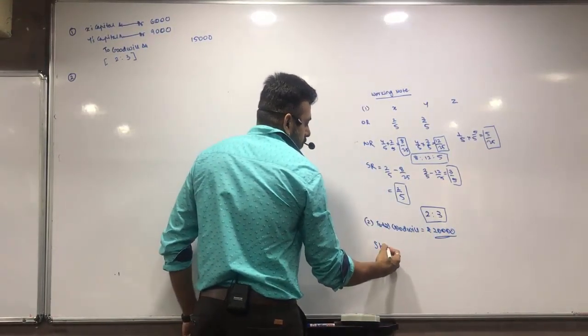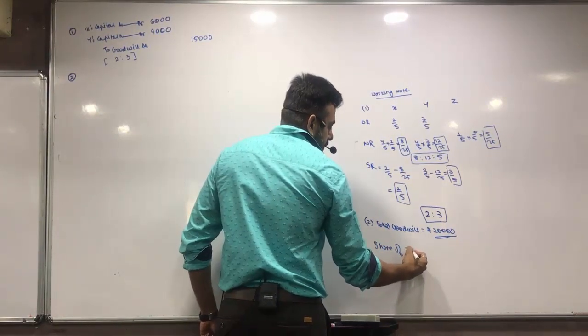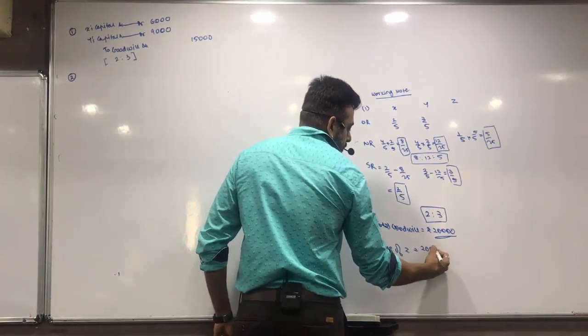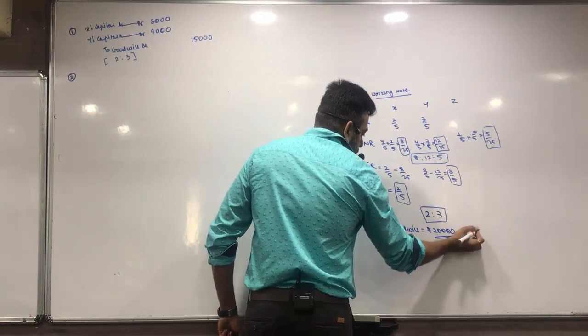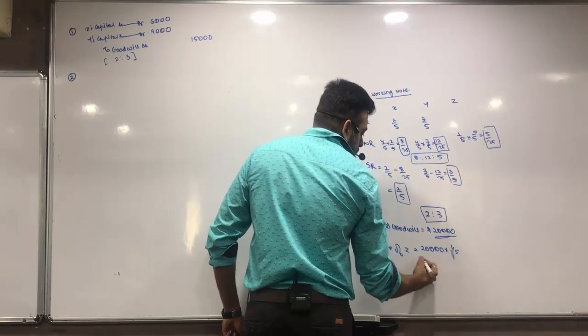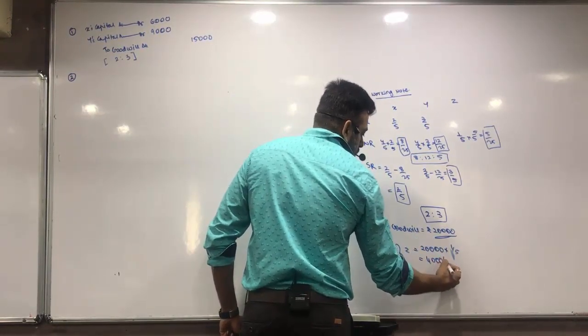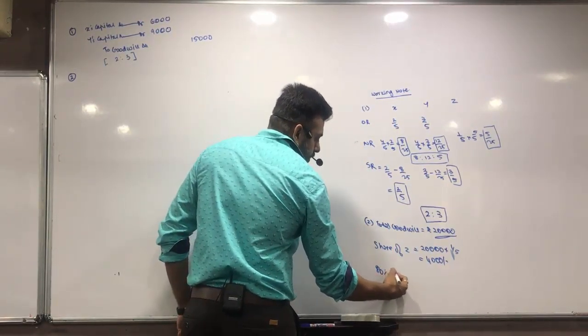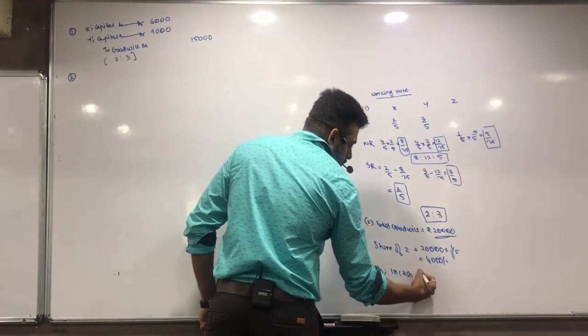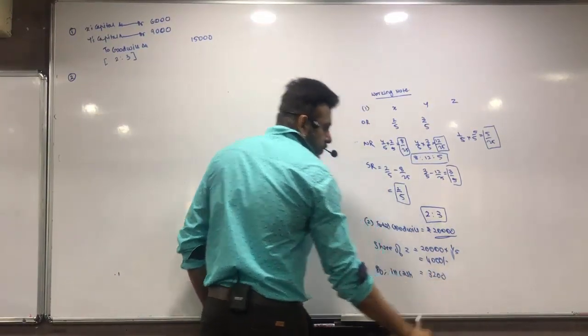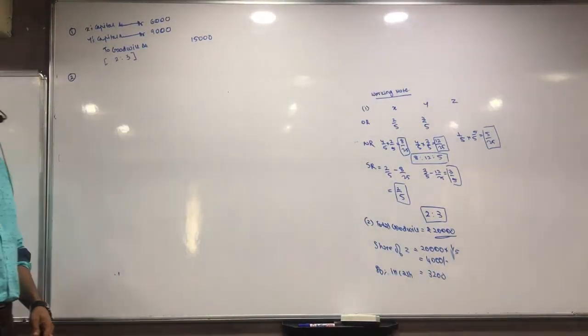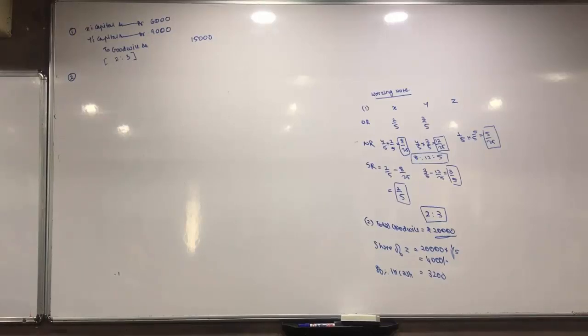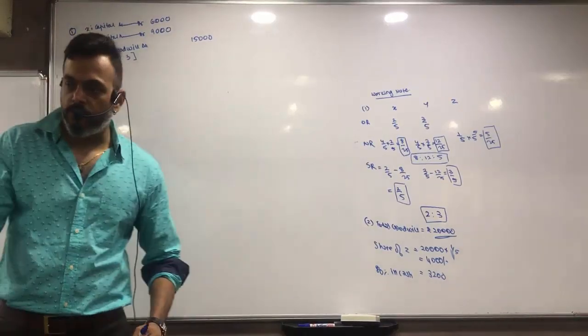Share of Z is equal to 20,000 into 1 by 5, 4,000. Now, how much does he bring in goodwill? 80% in cash, so 3,200. Understood everyone? Total value of the goodwill is 20,000.